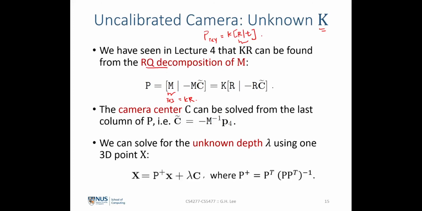And once K and R are both found from the RQ decomposition, we can make use of the rotation matrix to find the camera center by simply equating minus R multiplied by C tilde, where C tilde here is the inhomogeneous coordinate of the camera center, with the last column of P that was found earlier on. So there are 3 unknowns over here, and we have 3 equations. We can easily solve for all the 3 unknowns from this equation over here.